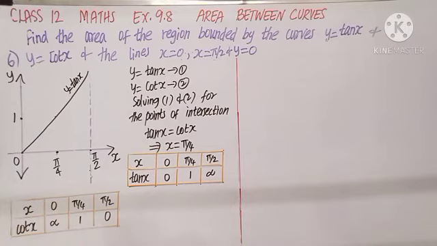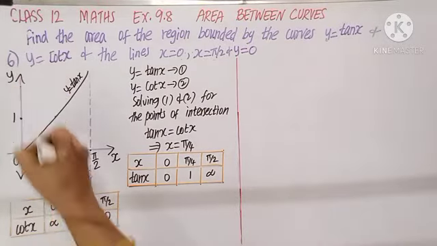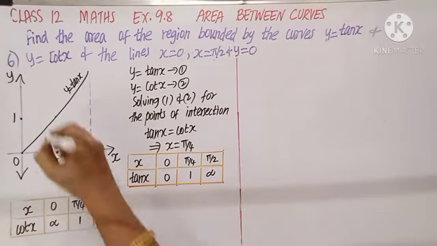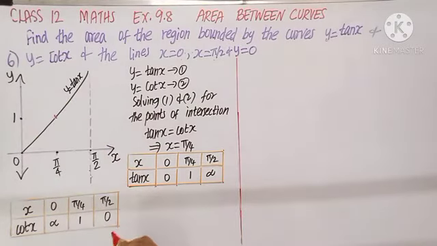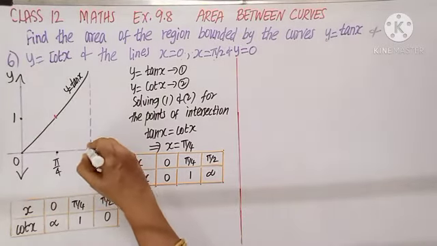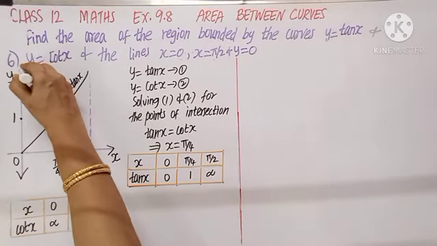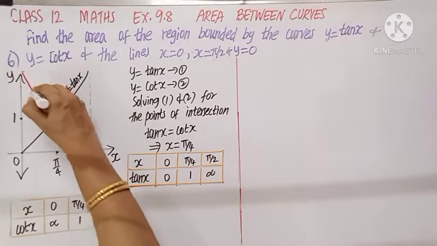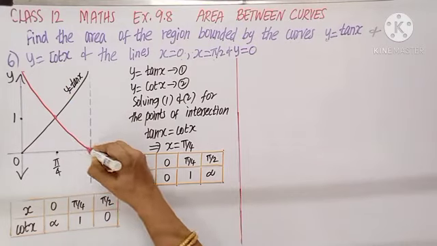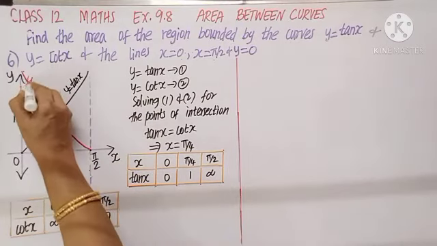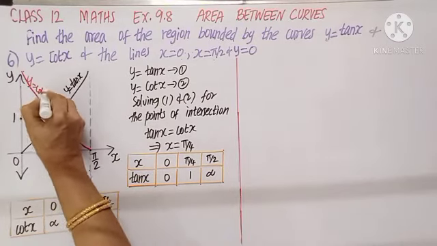So as I plot the points, x is 0, cot x is infinity. So infinity, it comes like this. For pi by 4, it is 1. So this point. For pi by 2, it is 0. So it will go off the curve like this. So this is the curve y equals cot x.